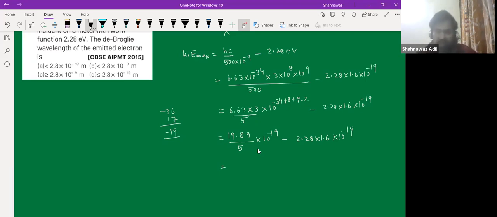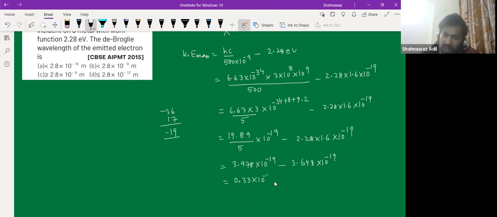Without wasting time, let us quickly do this using calculators. 19.89 divided by 5 is 3.978 into 10 to the power minus 19, minus 0.28 into 1.6... the second term is 3.648 into 10 to the power minus 19. So the difference is 0.33 into 10 to the power minus 19 joules.